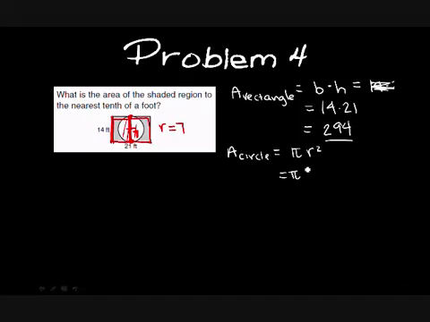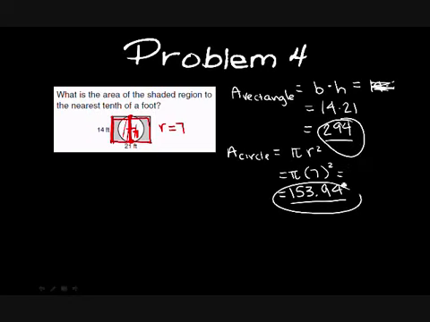So it's pi times 7 squared. And I'm not going to keep this in terms of pi because I'm subtracting it from a rectangle. So we would have a weird long expression if I didn't get a decimal for it. So in this one case, I'm actually going to get the decimal, which is 153.94.